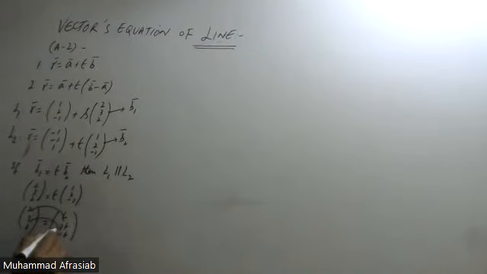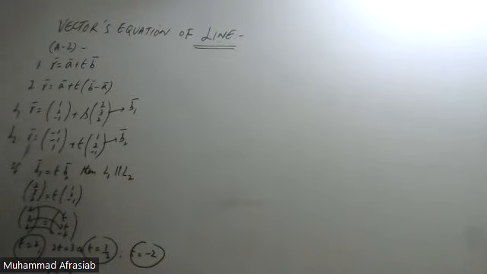If we equate the second, 2t is equal to 3, which implies t is equal to 3 by 2. And the third gives t equal to -2. So you have seen that all three t's are different. Even if one is different, they will not be parallel. But here all are different, so the line L1 is not parallel to L2.